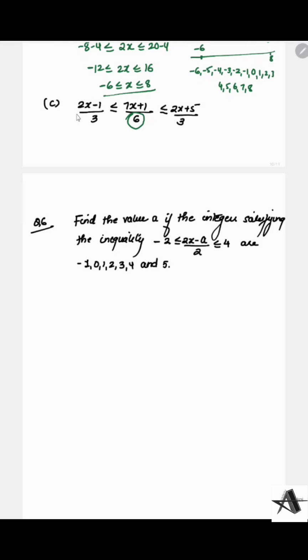Because you're multiplying it with 6 here and 6 here as well, 3 will cancel out and 2 will remain here. So 2 times (2x minus 1) over 3 less than or equal to 7x plus 1 less than or equal to 2 times (2x plus 5).